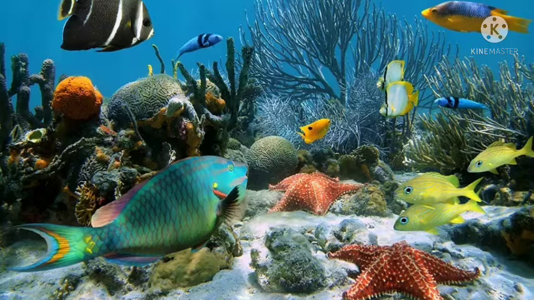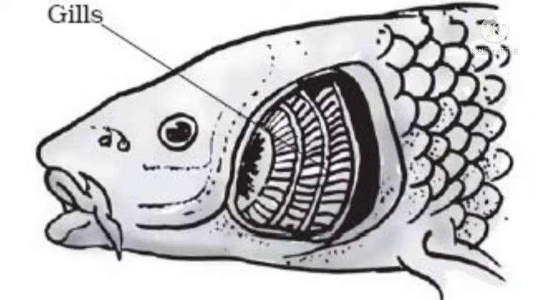They have adaptations that allow them to use the oxygen dissolved in water. Example, a fish has gills. When water passes through gills, the oxygen dissolved in the water is absorbed and is used for respiration.